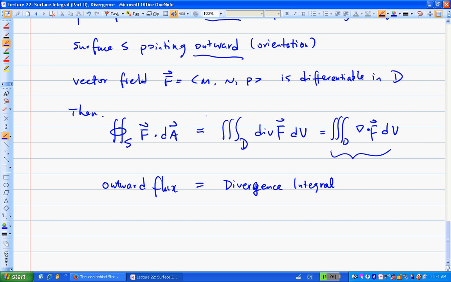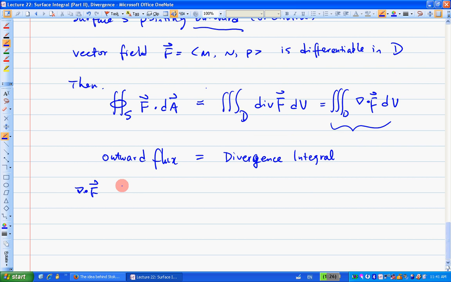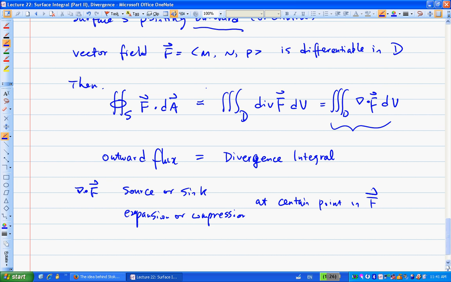So del dot F gives us this kind of source or sink, or expansion or compression, at a certain point in the vector field F. That's the point.